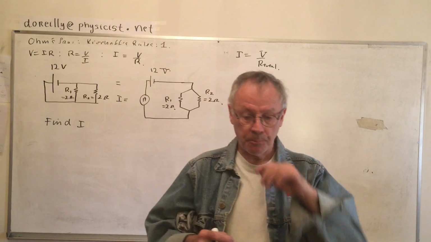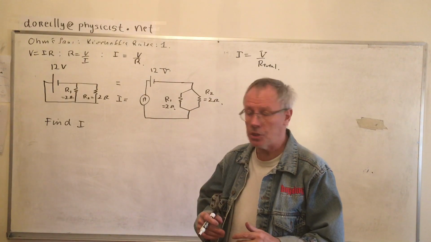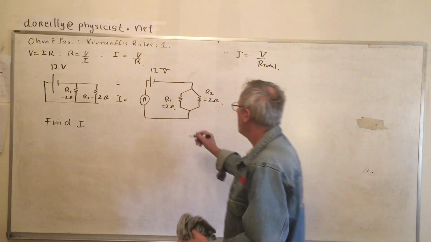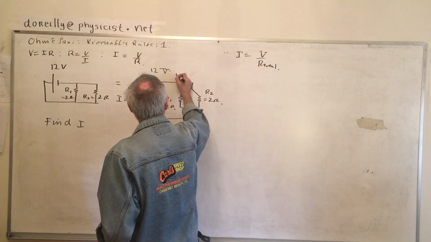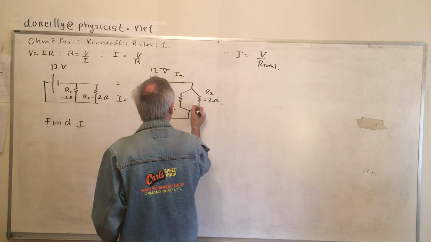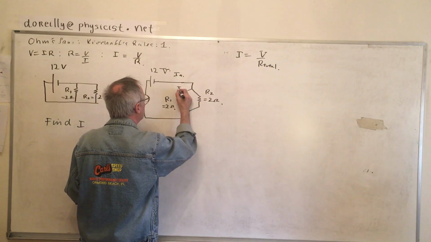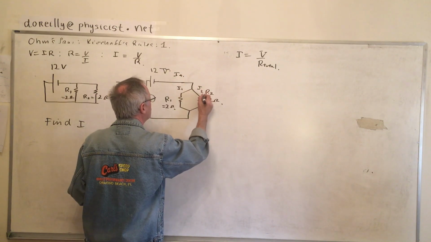So we don't want to get a headache thinking about it too much. What we'll do is we'll say I total splits up into 2 currents, I1 and I2.